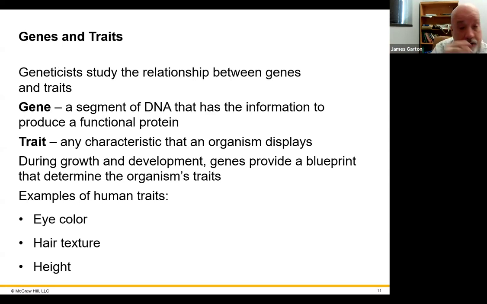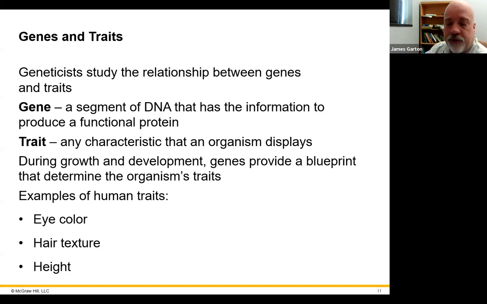A gene can be defined, more or less, as a relatively short segment of DNA that encodes information necessary to make a protein. And you can define a trait as any characteristic that is displayed by an organism.